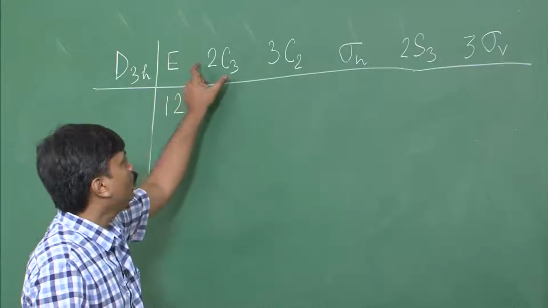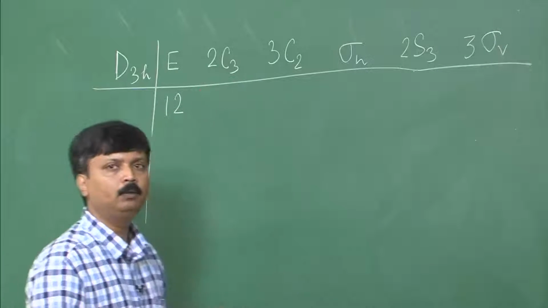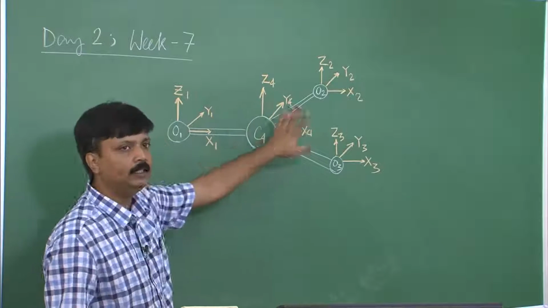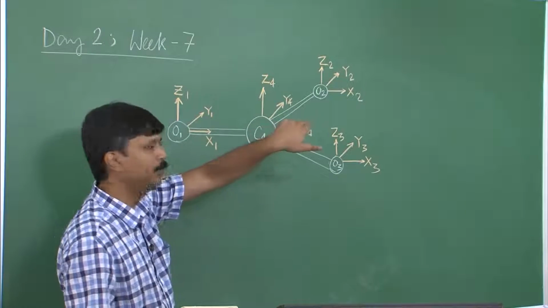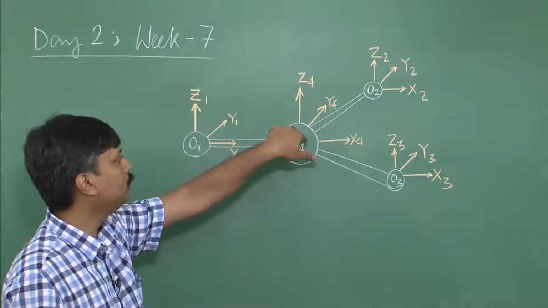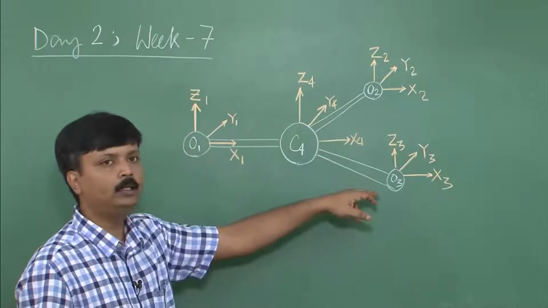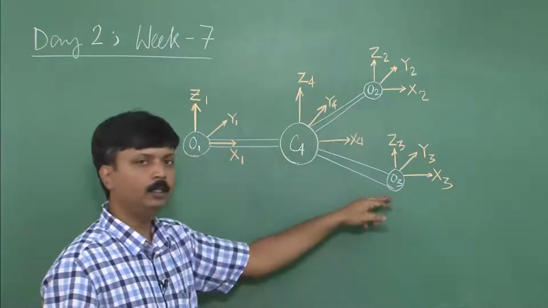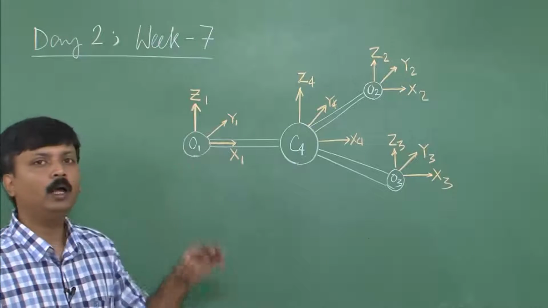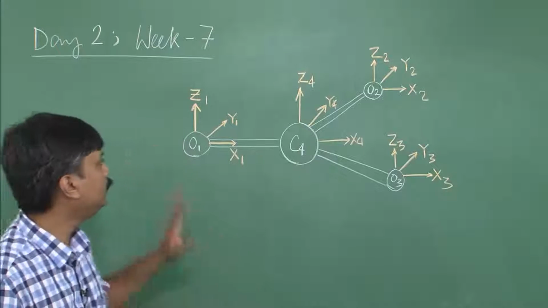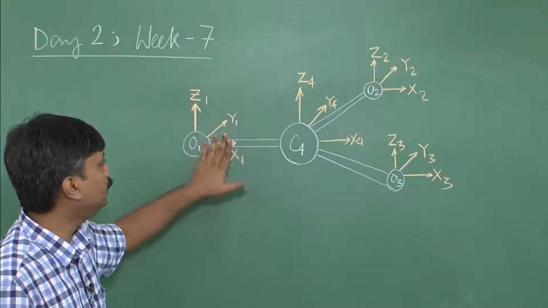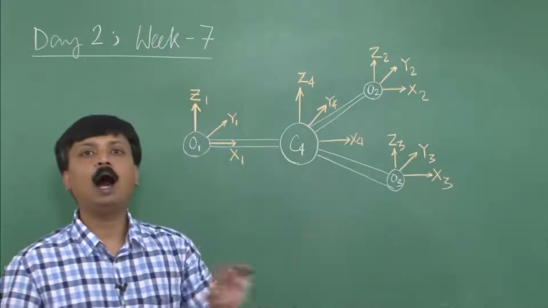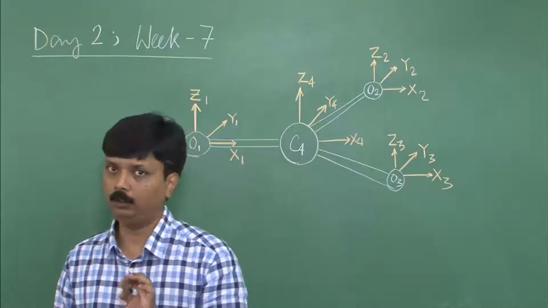Now when I operate C3 on this particular structure, what do I get? This is D3h symmetry, right? So C3 is right here. When it operates, 1, 2 and 3 shift their position by one. So 1 will go here, 2 will go here, 3 will come here. As we discussed earlier, x1, y1, z1, x2, y2, z2, x3, y3, z3 are not going to contribute anything to the diagonal.